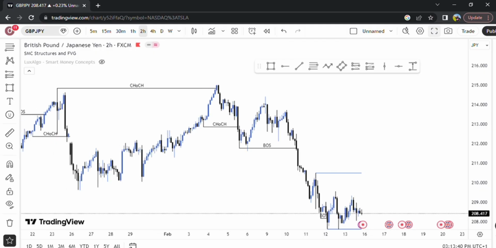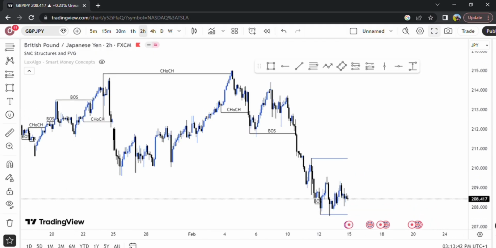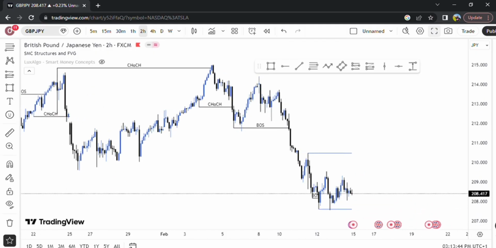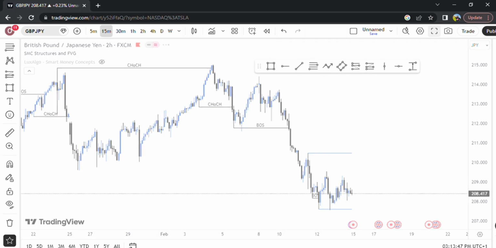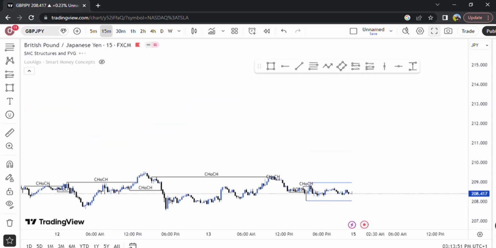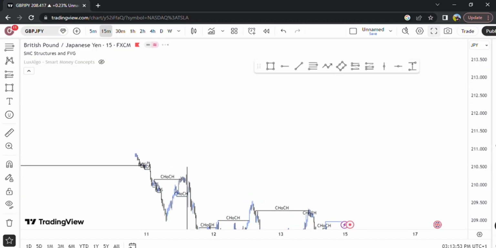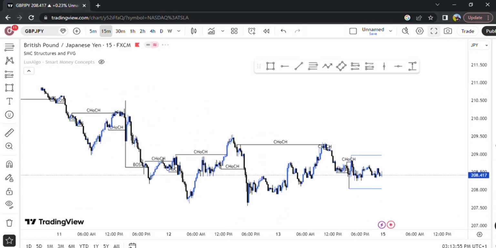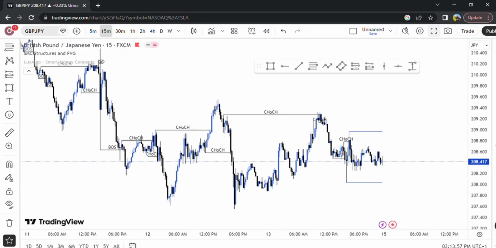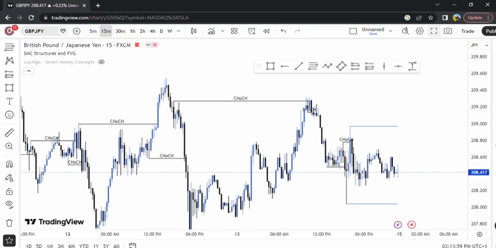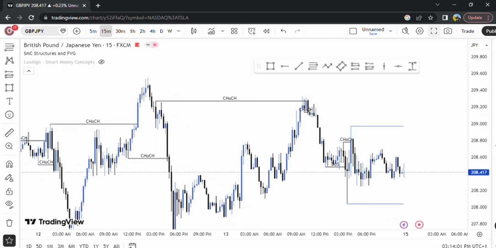Now this is GJ. I was able to catch this particular entry on GJ. Let me show you the entry. I was able to catch this particular move on GJ and UJ, I think that was on Friday.